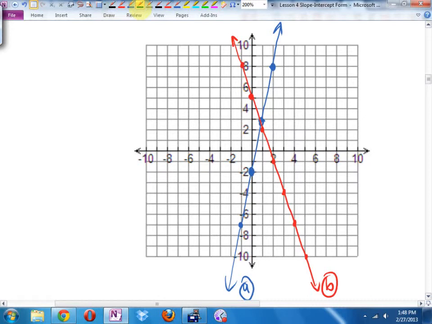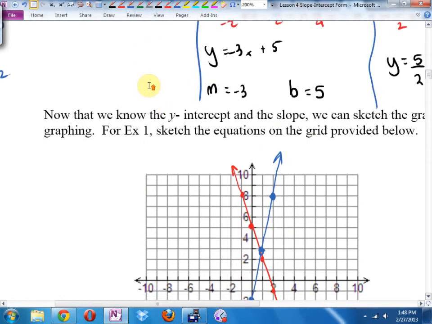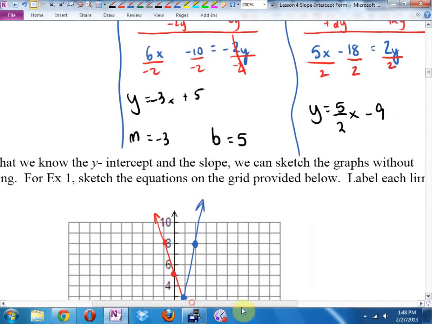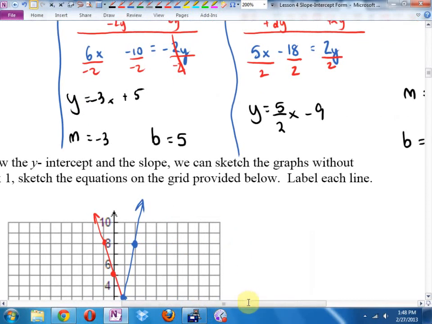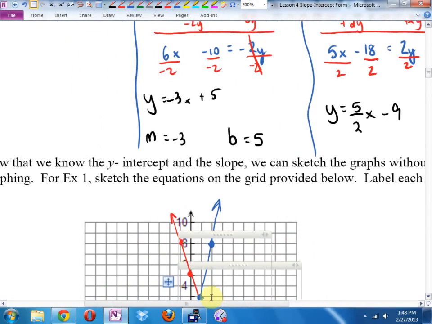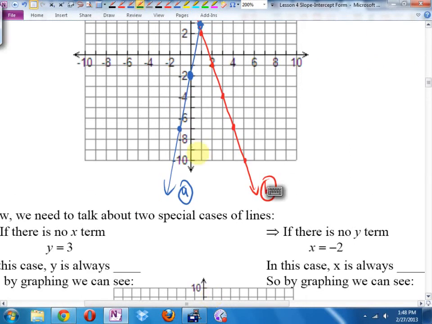Line C. That one was 5 over 2x minus 9. What's the y-intercept of line C? So I'm going to put a dot at negative 9. Doink. And what was the slope? Positive or negative? Positive. Up what over what?